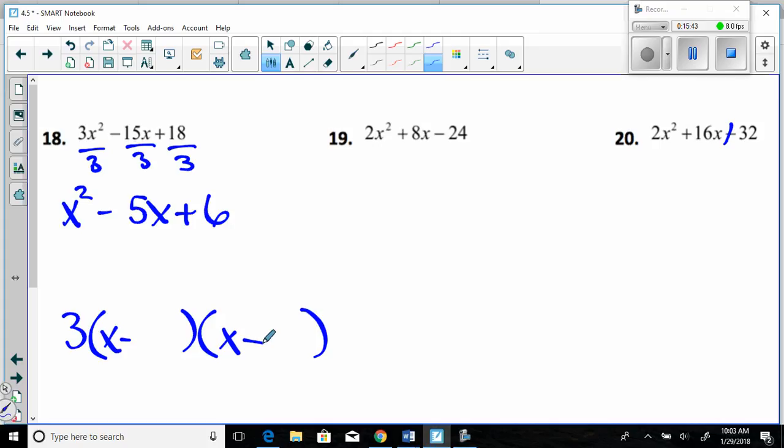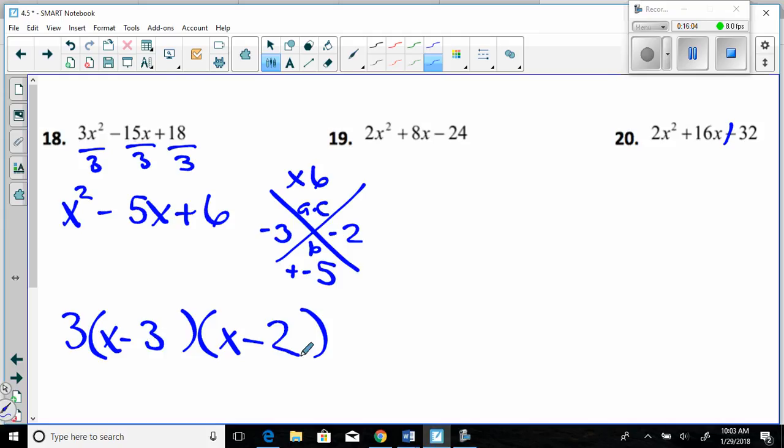We had it. So if I go like this, the ACB, I'm multiplying to 1 times 6, which is 6, and adding to negative 5. Which two numbers multiply to 6? 3 and 2, right? But they're both going to be negative because I need to add to a negative 5. And so the only thing I see a lot of people struggle with are the signs.